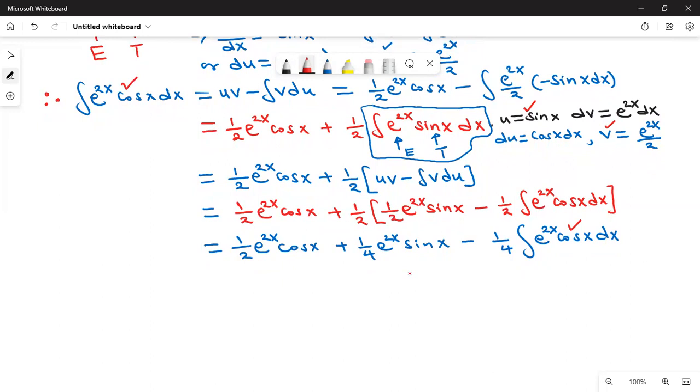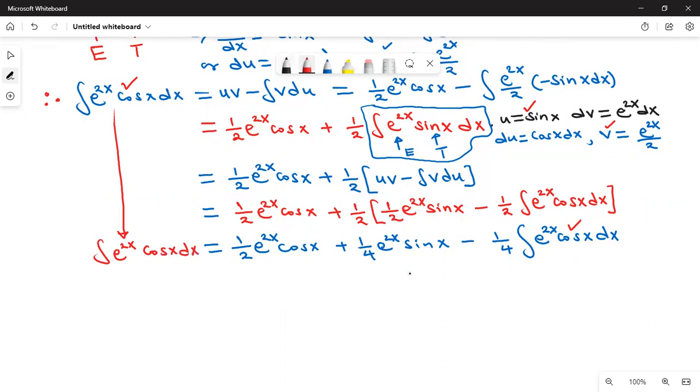So this one, you take it to the left-hand side. Remember, on the left-hand side, we have the exponential, because it's this one. It is this that we are saying is equal to that. So it was the integral of exponential 2x cosine of x dx. It is that integral that is giving us what we have on the right-hand side.